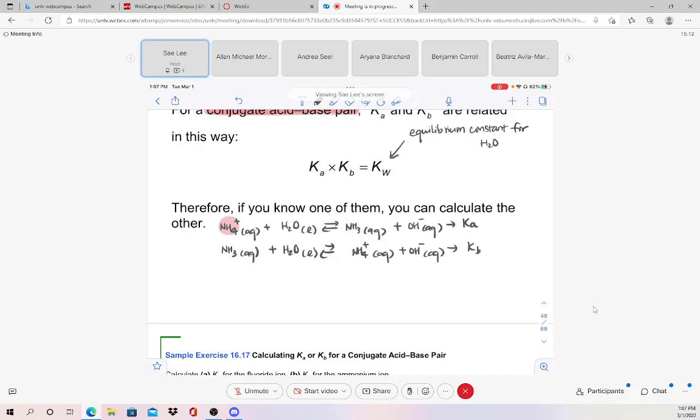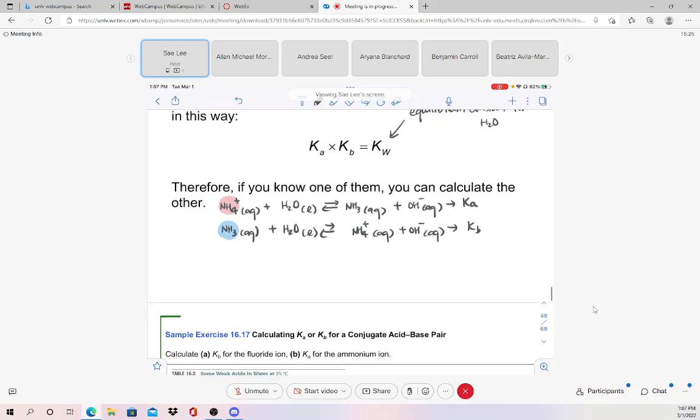Kb can be determined from this reaction where the conjugate base is interacting with water. So let's find the Ka for this first reaction.